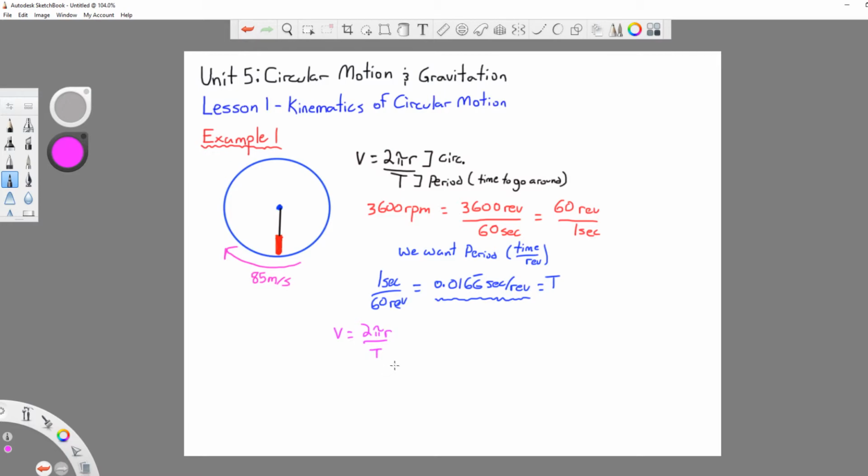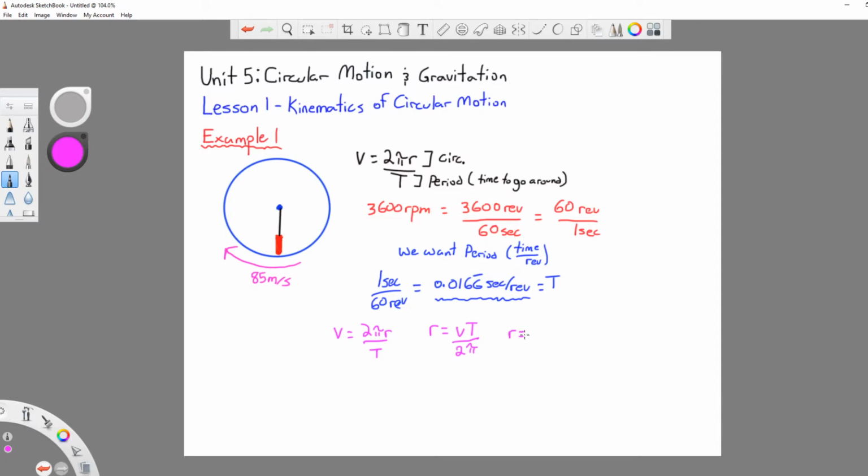And we can do a rearrangement here, and we can say that radius is equal to velocity times period over 2 pi. Okay, and if we want, we can fill in some values.